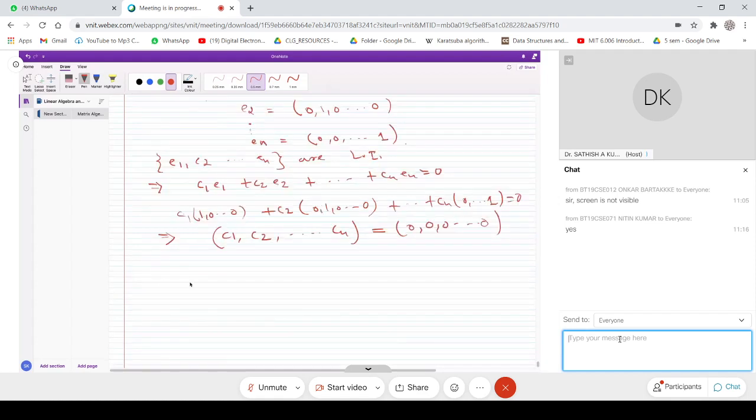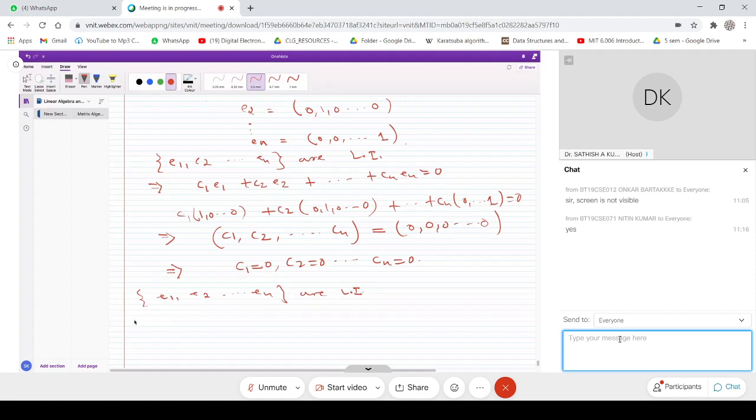So the vectors are linearly independent, which is obvious. Therefore the vectors E1, E2, ..., En are linearly independent.